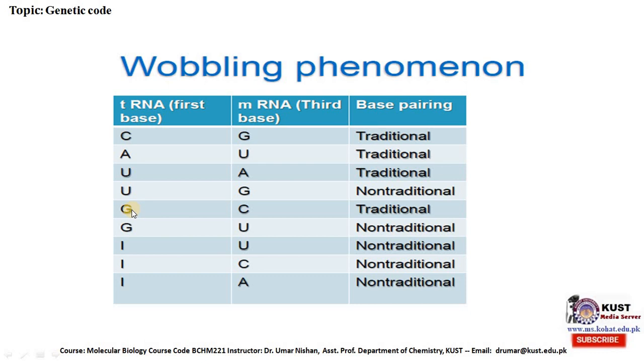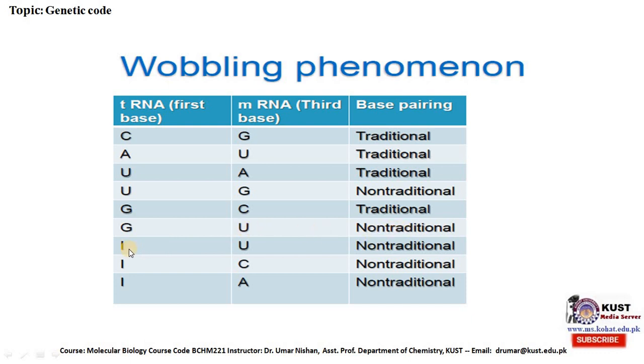Now, in case of G in the first base of transfer RNA and C in the third base of messenger RNA, again the pairing is traditional. But in case the first base of transfer RNA is G and the third base of messenger RNA is U, the base pairing is non-traditional.